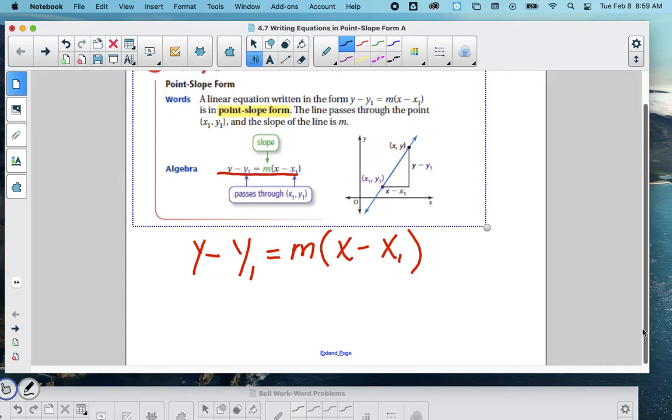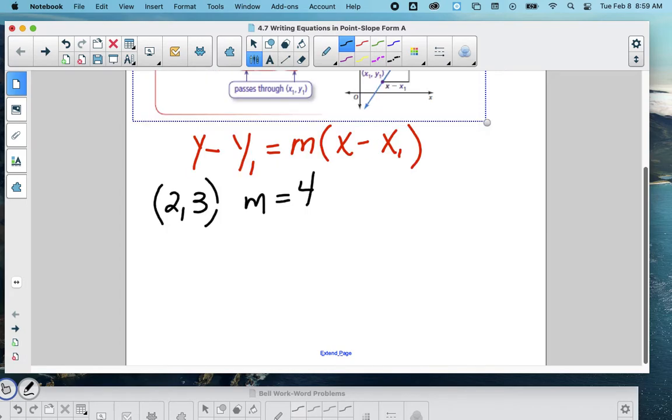I'm going to tell you that your set of points is 2, 3, and your slope, m, equals 4. We have to have a set of points, and we have to know the slope. They have to give us that much. Are they going to have to draw a picture? No. All they have to do is give you these two pieces of data.